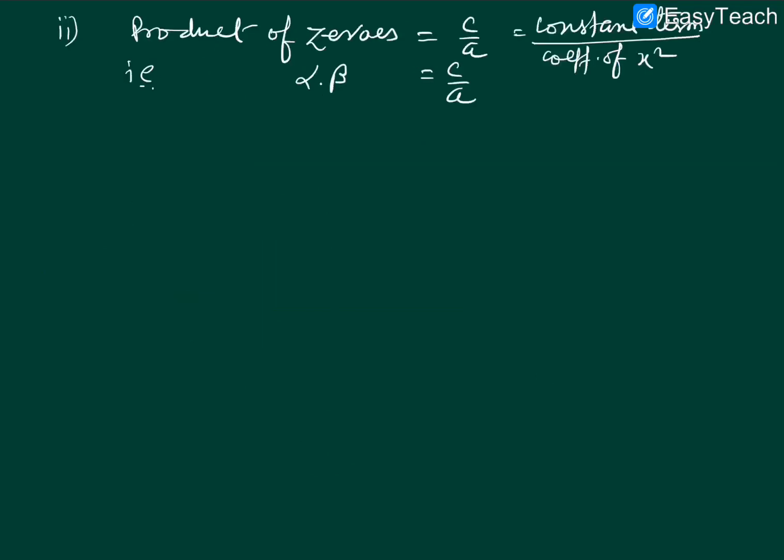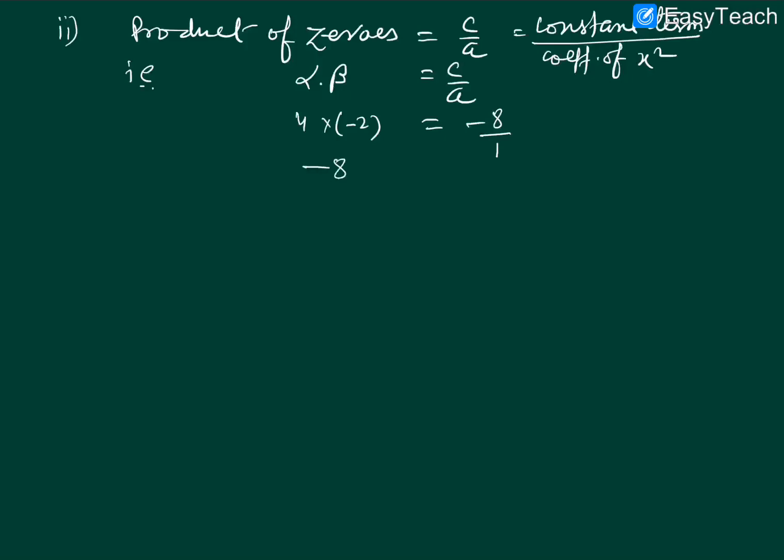Now, product of zeros is given by c by a, where c is the constant term and a is the coefficient of x square, that is alpha into beta is equal to c by a. Putting the values of alpha and beta, we have 4 into minus 2 here and constant term from the polynomial is minus 8 and a is 1.